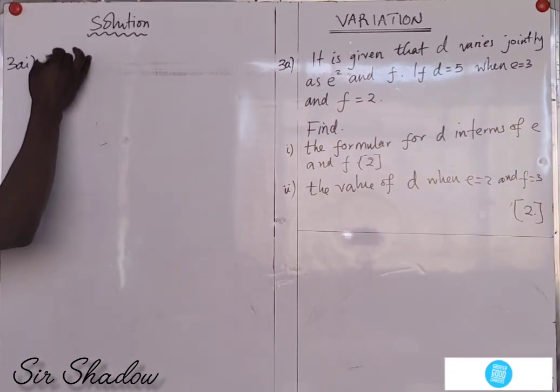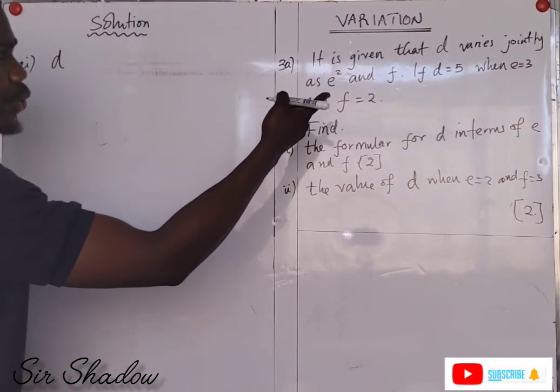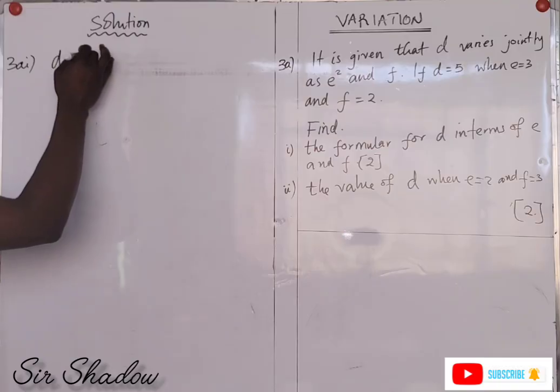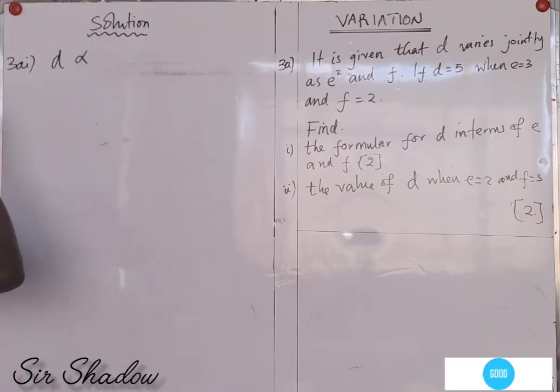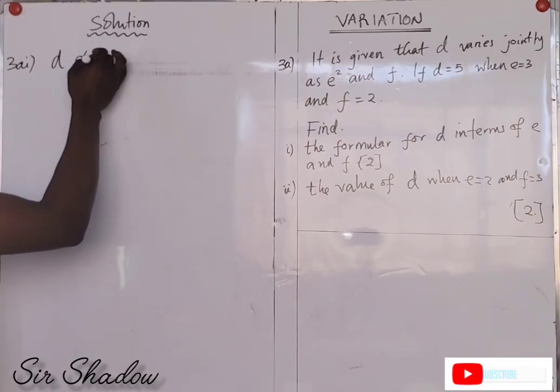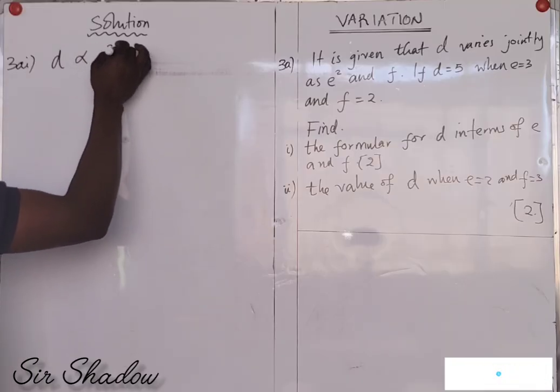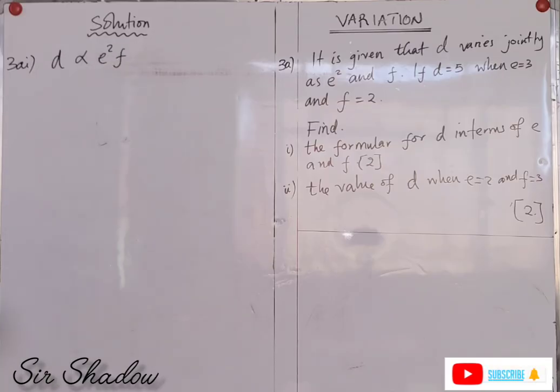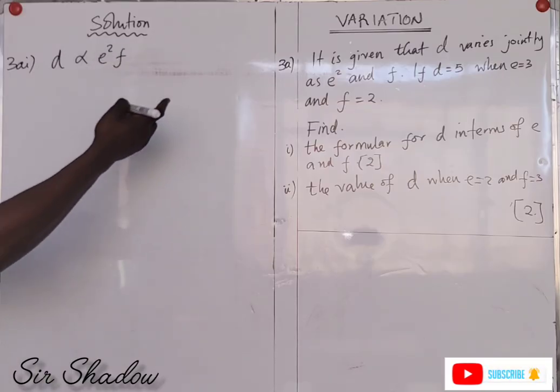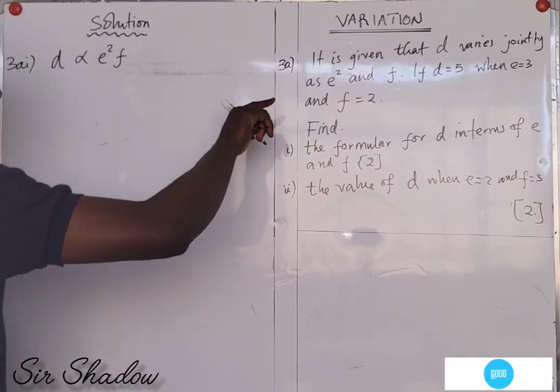So we are saying D varies jointly as E squared F. But we are not told which constant we're going to use.